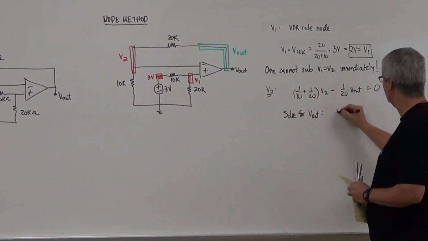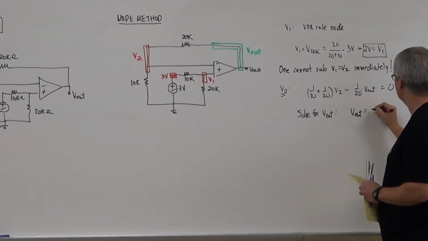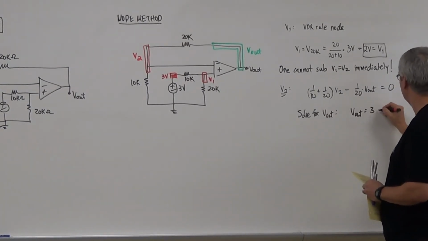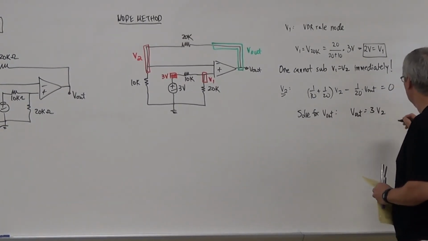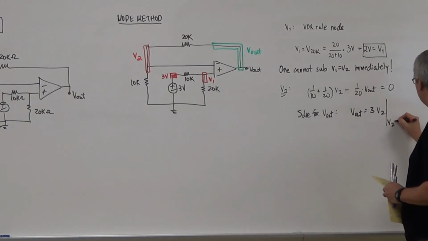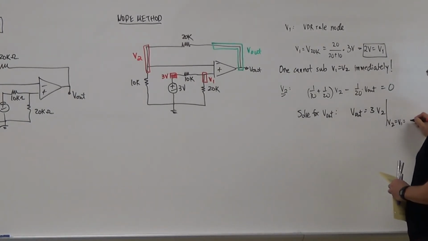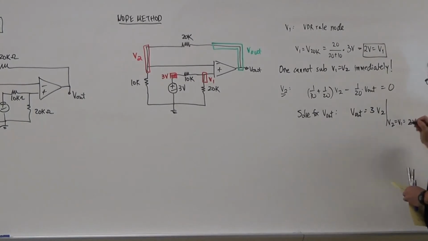So then I'm going to get V out is equal to 3 times V2, but now I apply the ideal conditions, which we already know is 2 volts, and if I plug this in, you'll see that this number then should give me 6 volts for V out.